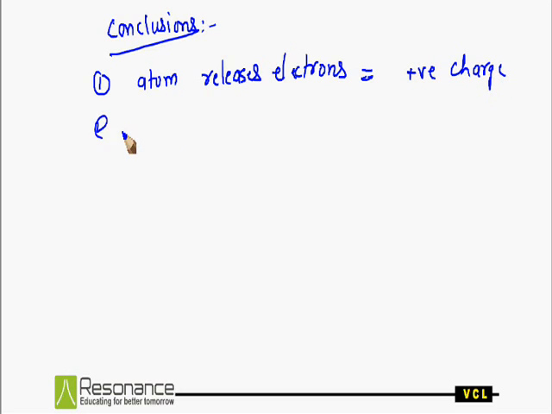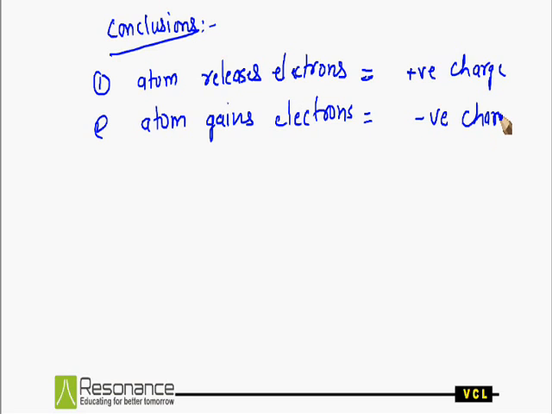If an atom gains electrons, then it has negative charge, meaning after removal of electrons the atom converts into a cation, and after gaining of electrons the atom will be converted into an anion.